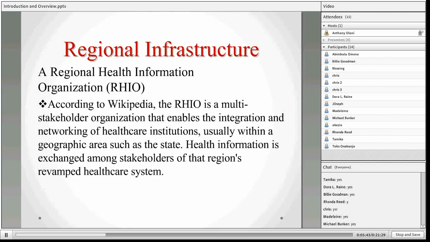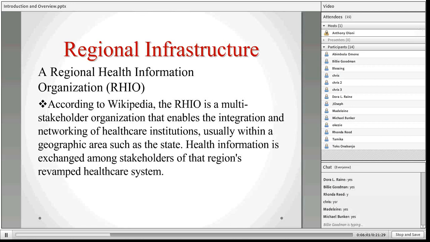So that's just an example of how the regional health information networks or organizations work. So the physical entities that make up the network is what you refer to as a regional health information organization.